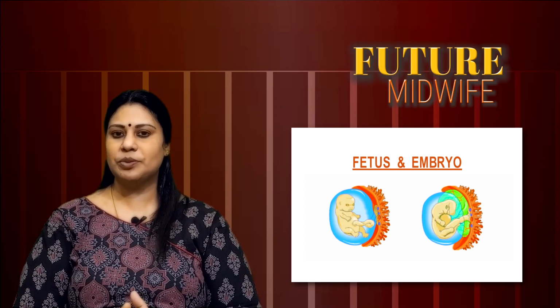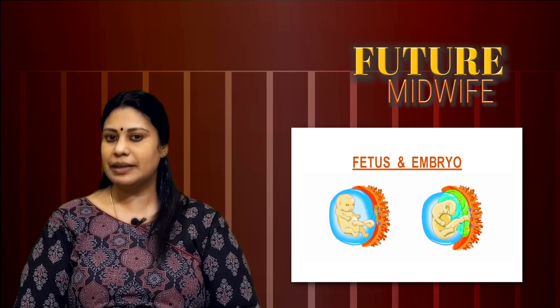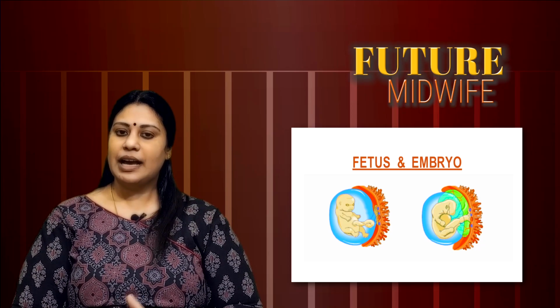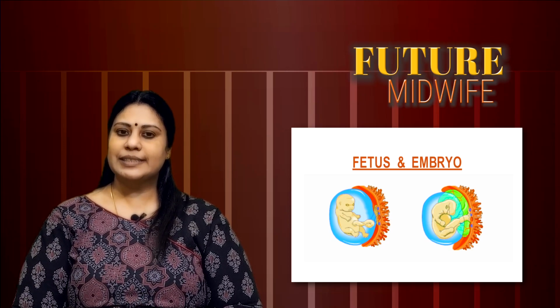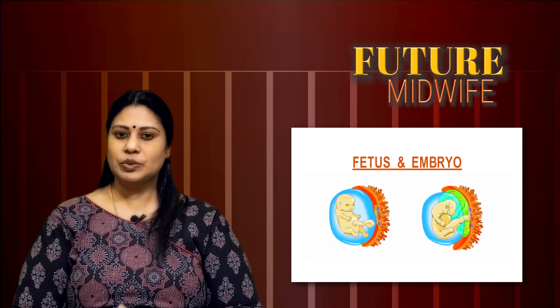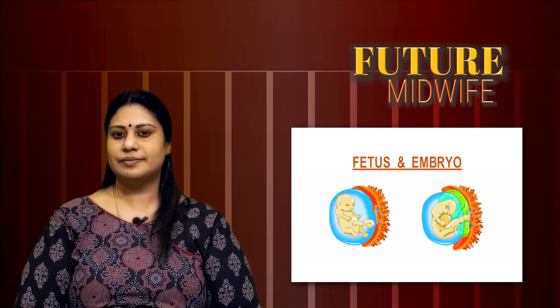From the fertilized ovum till the 8th week, we call it embryonic development, whereas after the 8th week till term we call it fetal development. During that time we call it a fetus.